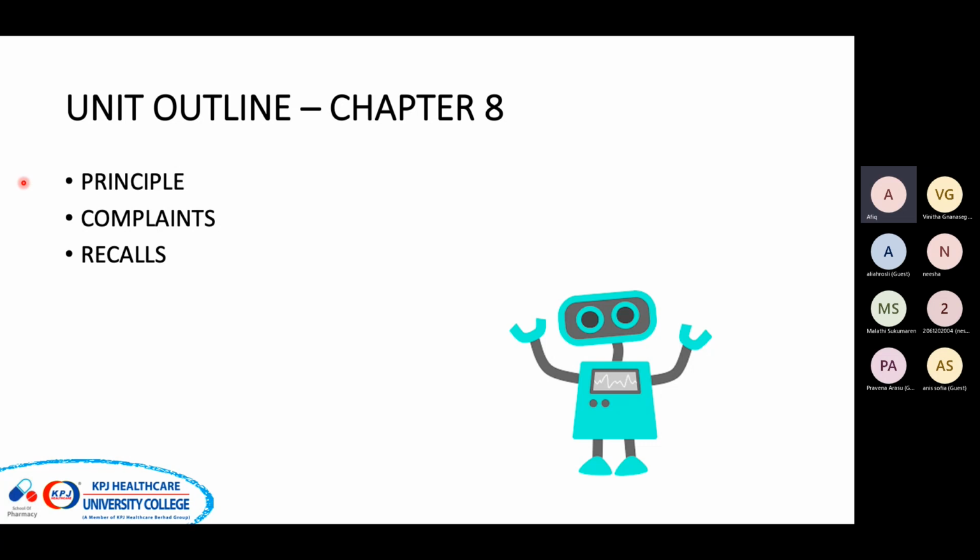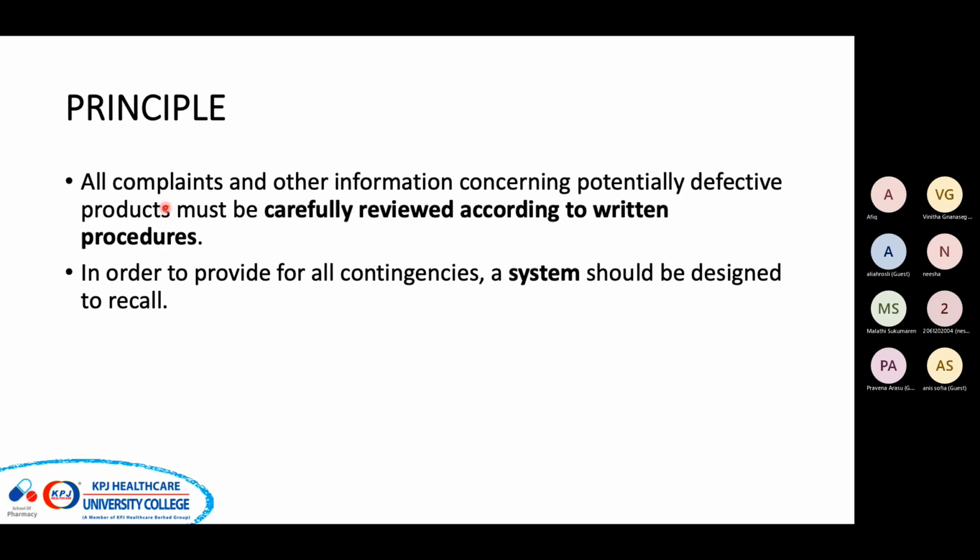So the outline for chapter 8, you will see what is included in the principle, what is a complaint, and how product recalls are being made. So all complaints and other information concerning potentially defective products must be carefully reviewed according to written procedures.